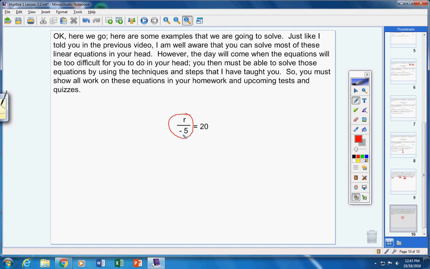You cannot split up a term by moving it from side to side. You cannot do that. So I'm going to use opposite operations. What number do I want to get rid of? -5. What is a -5 doing to the r? Dividing. What is the opposite of divide? Multiply. So I'm going to multiply both sides by a -5.